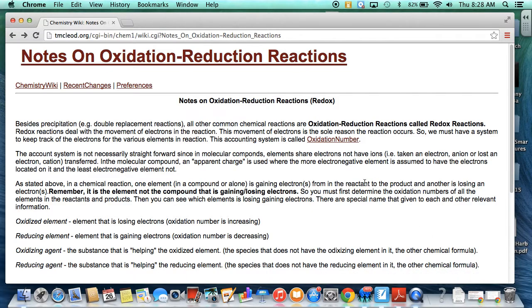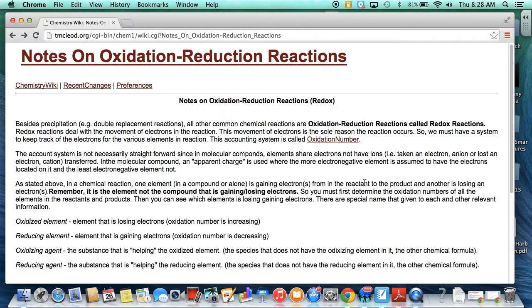Now, what I'm going to talk about now is a continuation of the oxidation numbers. As I told you before, when you watch the assigning oxidation number video, this whole system is designed to account for electrons moving, because in a chemical reaction, as you know, particles come in grouped together in a certain way due to the movement of electrons, and they come out in a different grouping due to moving electrons.